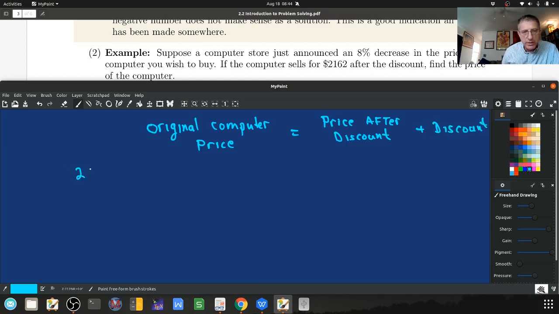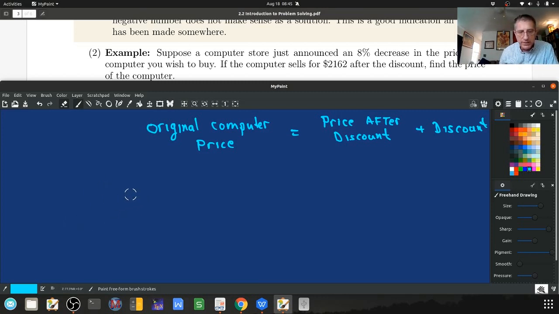Suppose something costs $25, and it's discounted by 3, so the discount is 3, and you therefore pay $22. So the price after discount is the price you pay. If you add the price after discount plus the discount, you get the original price. So we're going to use this general formula. This is the guiding formula, the formula I talk about in step 2A.